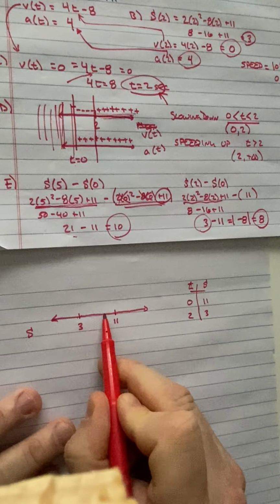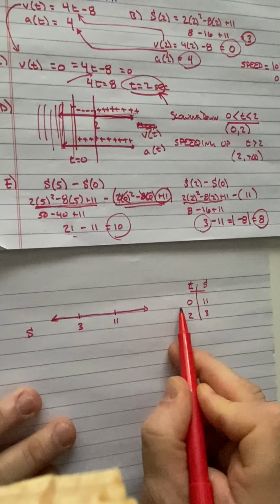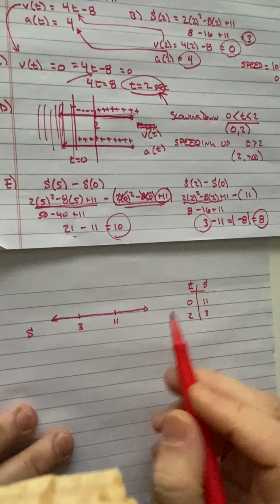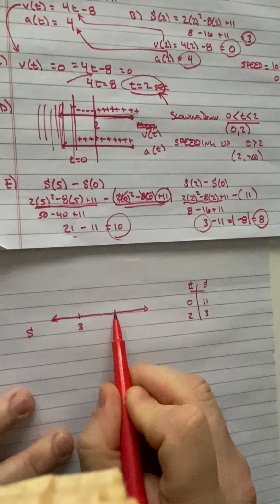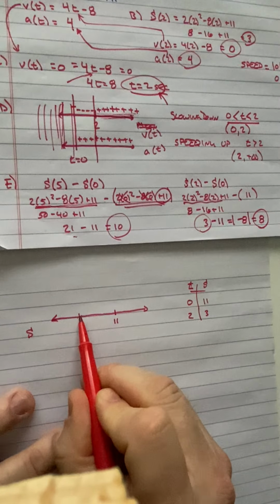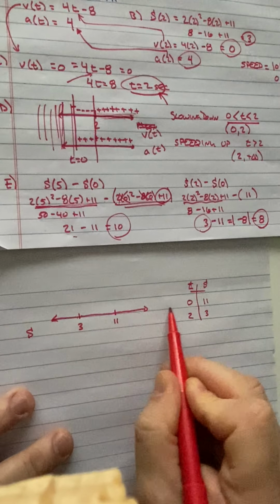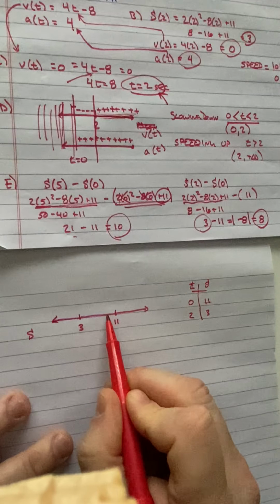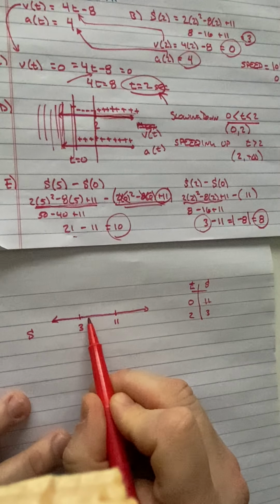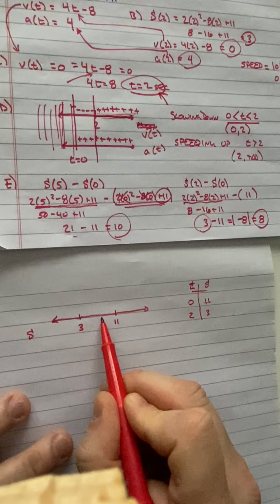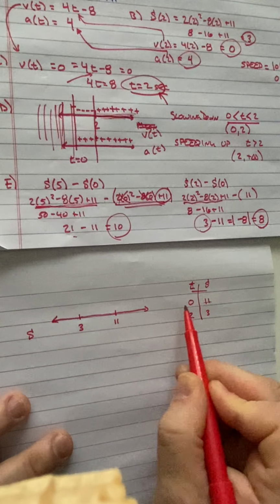And so it goes like this forever and ever. The problem with showing that on the position number line, or the position continuum, is it's hard to tell which direction we are going for this particle. Again, starting at 11, we're slowing down until we get to a stop. Then we're speeding up and going for eternity.